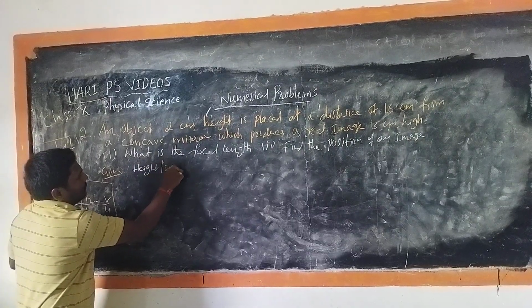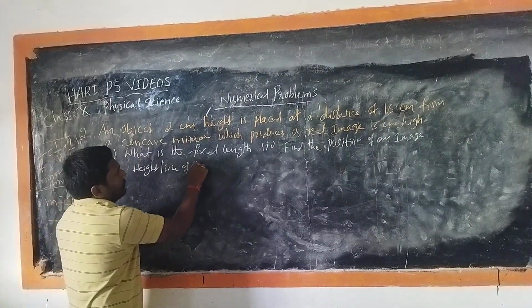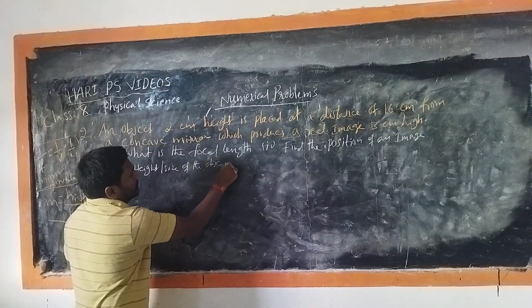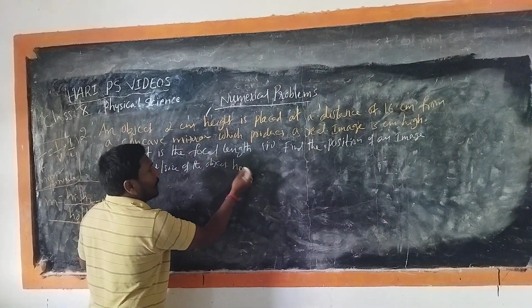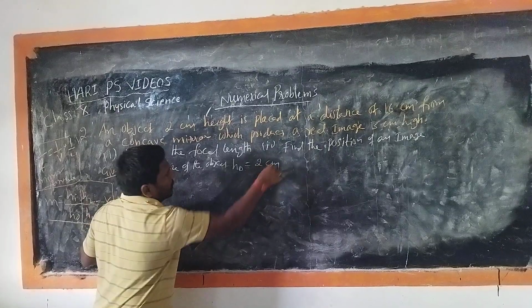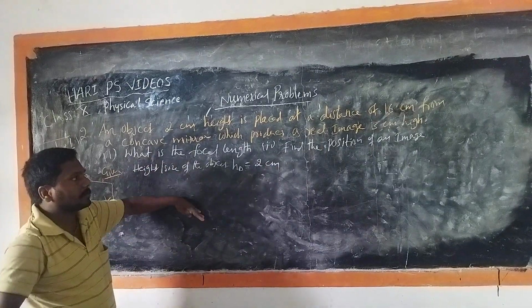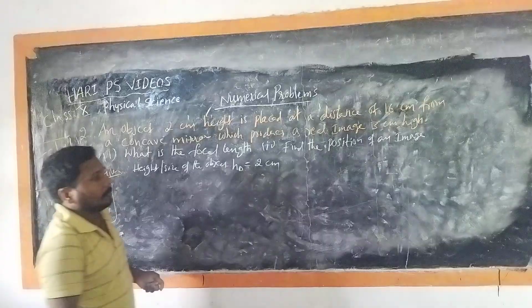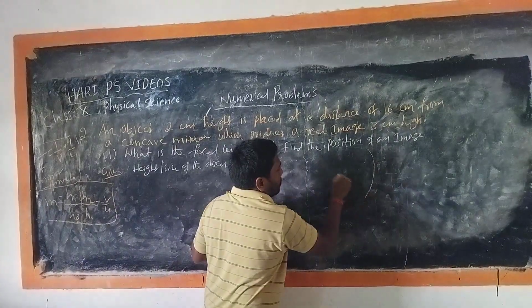Height or size of the object, ho or h1, equal to how much? 2 centimeter. It is positive because it is above the principal axis.